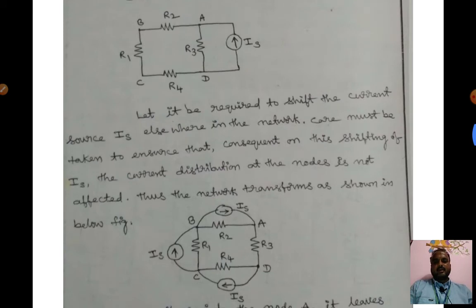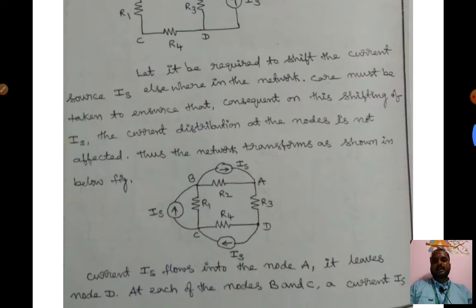Here we are connecting the current source between the D to C node, the C to B node and the B to A node, but the current at the A node will be the same. The current at the A node will be I3. So here we removed the A to D current source.